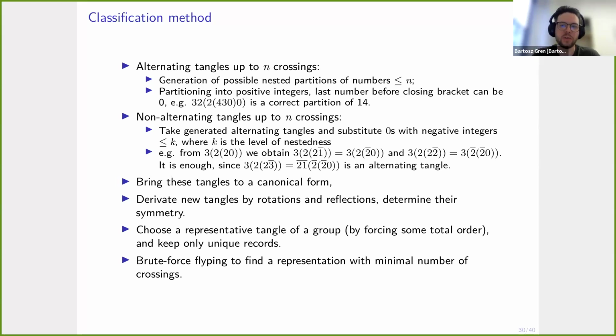And these zeros represent the right leaves of the tangle. These are integral tangles. Then we create non-alternating tangles by changing these zeros into negative numbers.